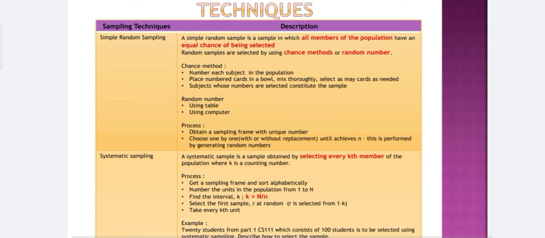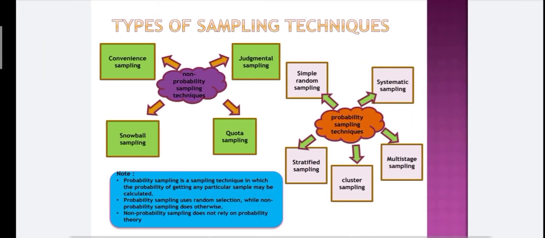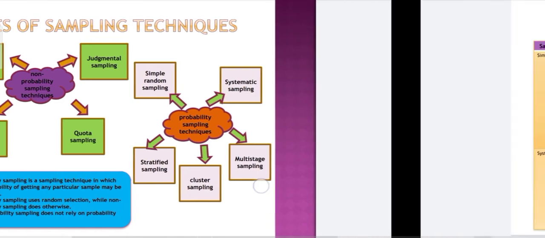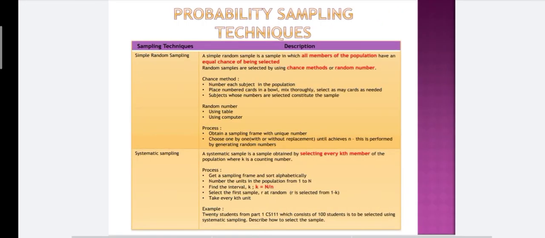But remember, untuk probability sampling technique, kita ada 5 kan? All these 5 techniques kena ada complete sampling frame. So first of all, you need to determine the sampling frame first, and then list down the sampling frame with unique numbers.